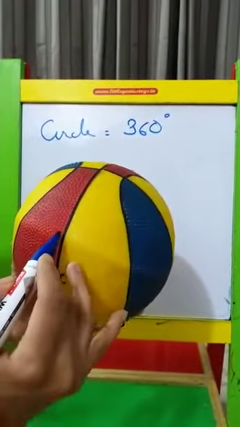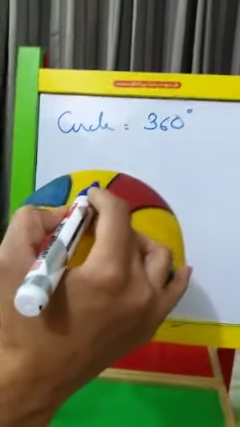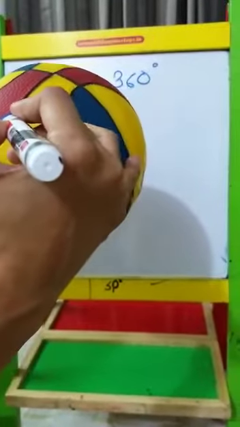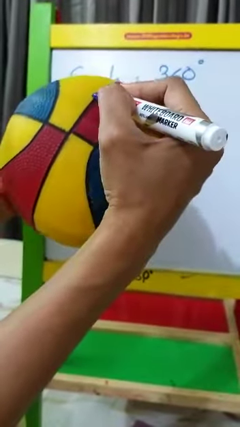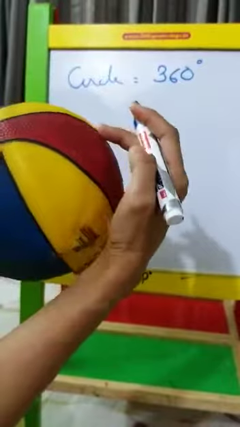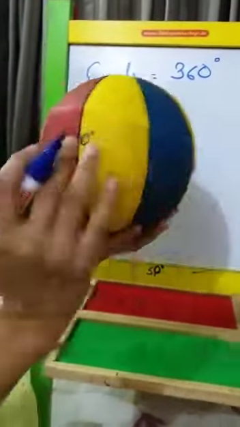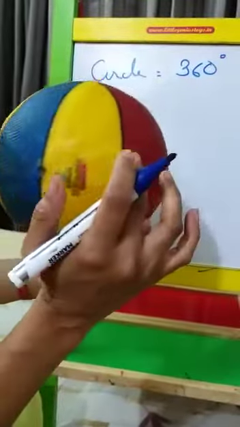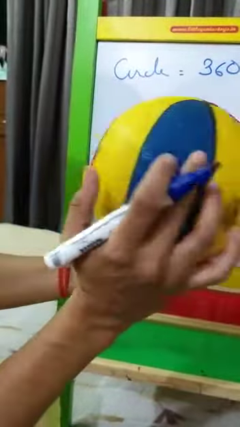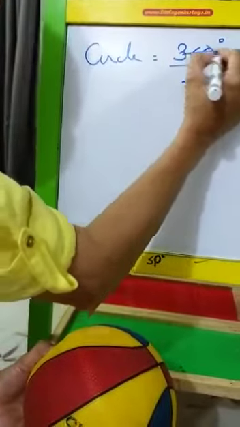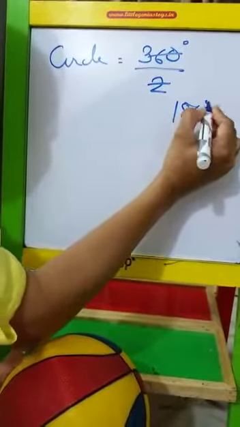Now when I go exactly to the other side of this one, this line is the 0 degree meridian, and I'm continuing to the other side, okay? So obviously I have covered half the circle from here till here. So that means I have covered 180 degrees.